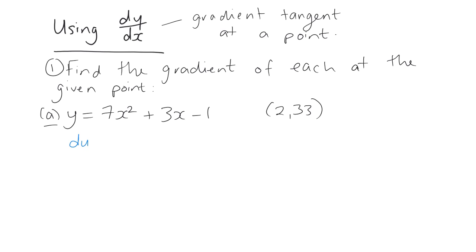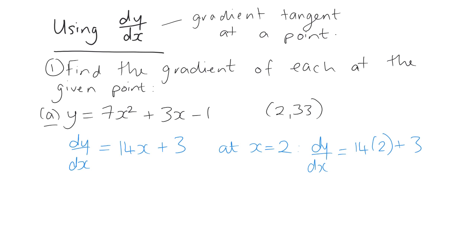So when it talks about the gradient, you should be thinking dy by dx, so differentiate, get 14x plus 3, and then at x equal 2, you don't care about the y coordinate, it's just the x coordinate that we'll worry about. Dy by dx is going to be 14 times 2 plus 3, so that's 28 plus 3, which is 31.